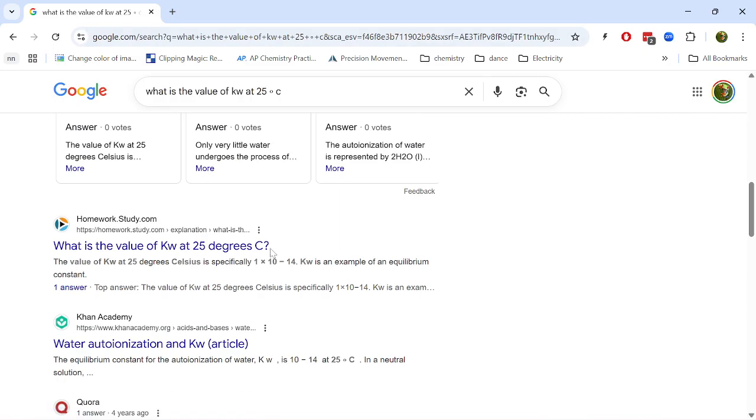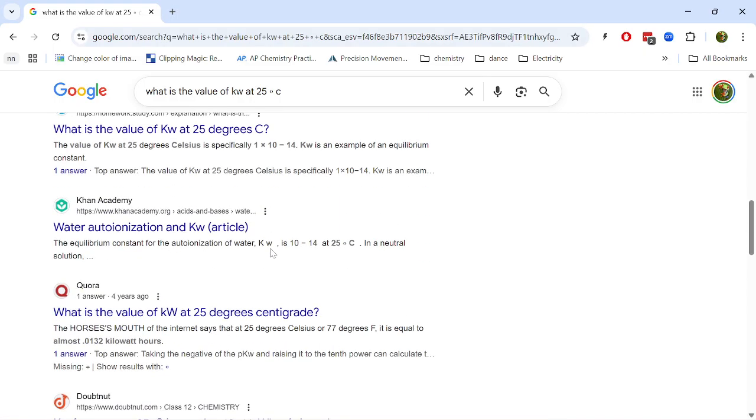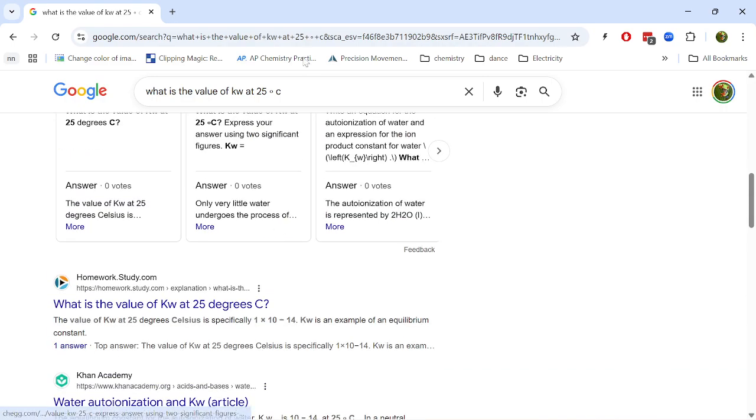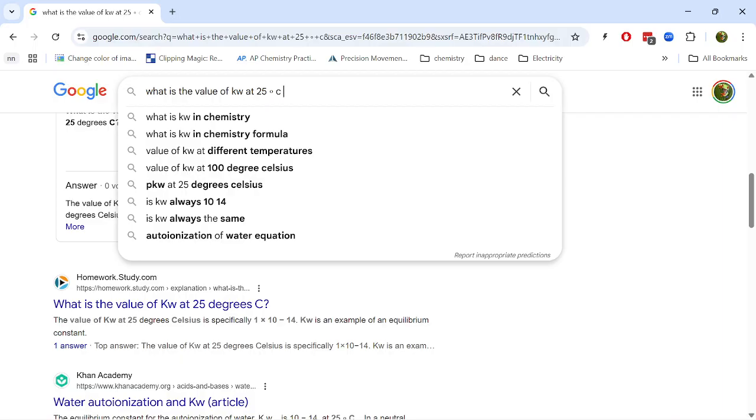Approximately 1.0. Hold on. I want Wikipedia because it usually gives you things to more decimal places.